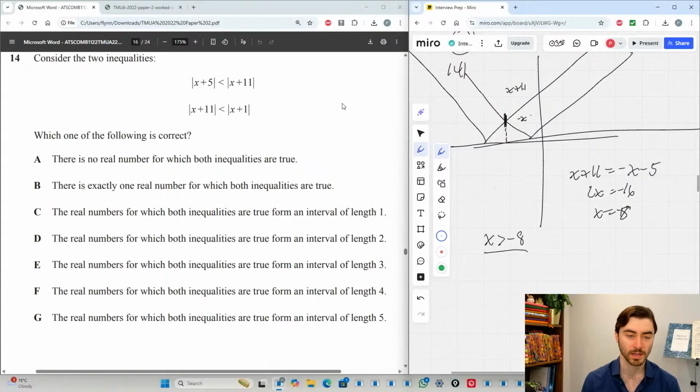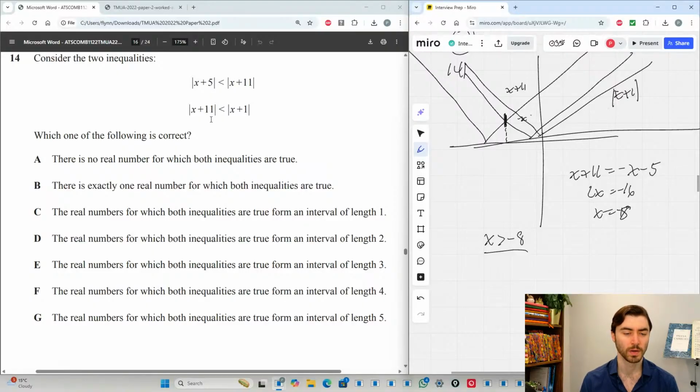And on the same one, we can actually draw, so that was 5, and these are, again, going to be parallel. So this is the modulus of x plus 1. The x plus 11 one is this one. When is this one less than this one? For all x's there.